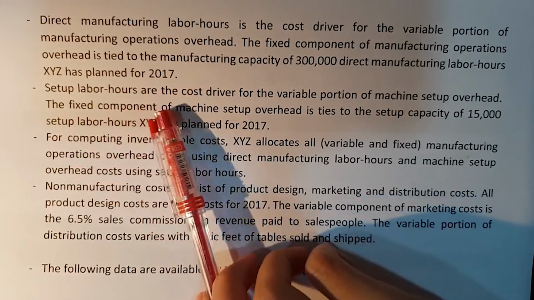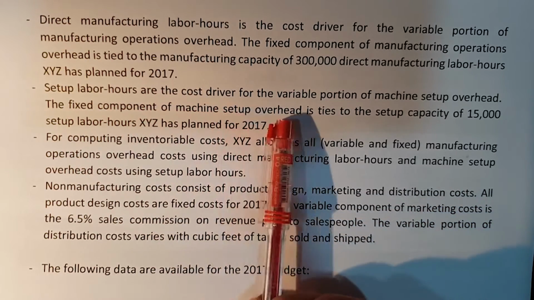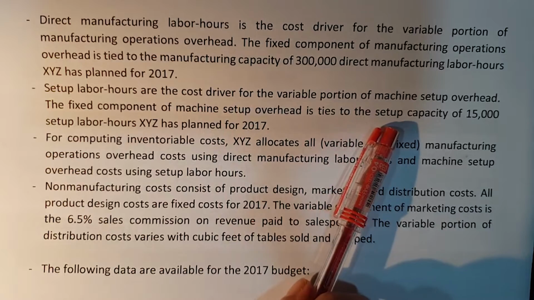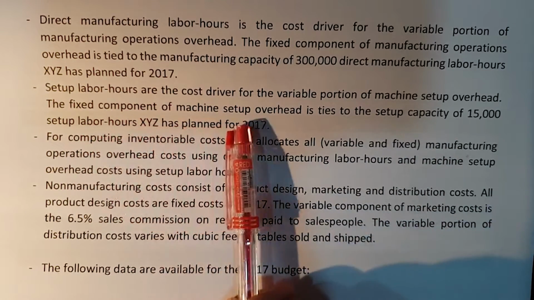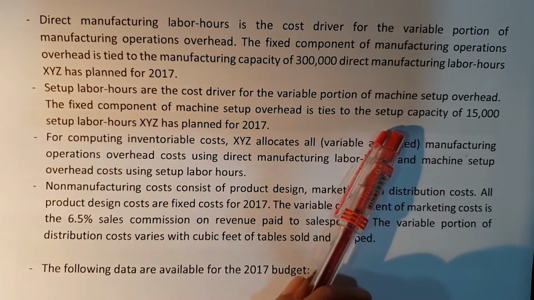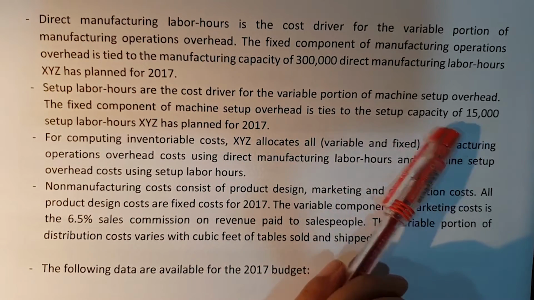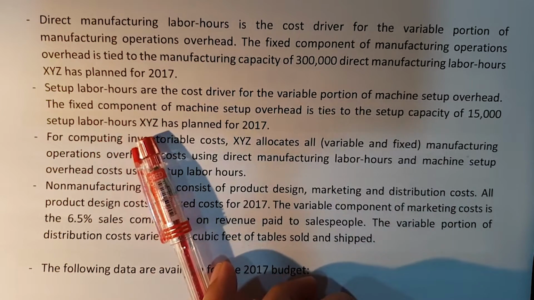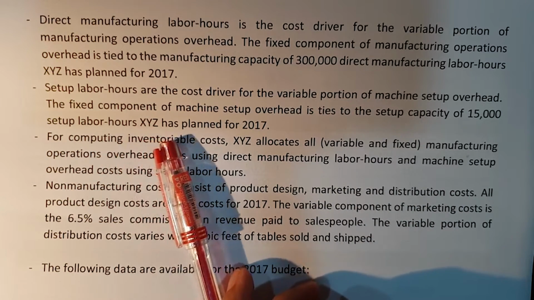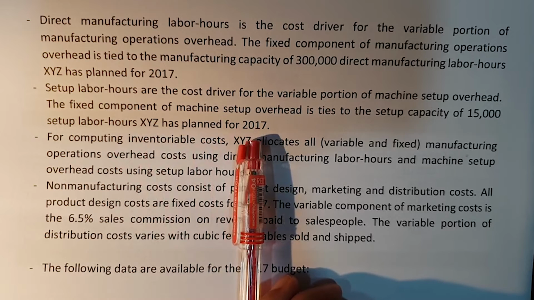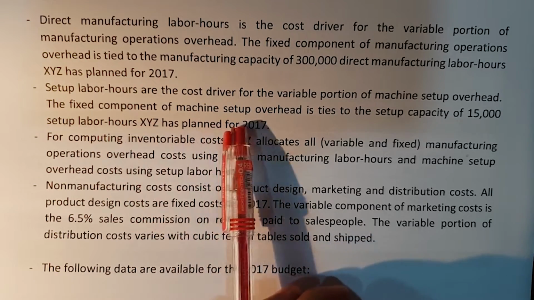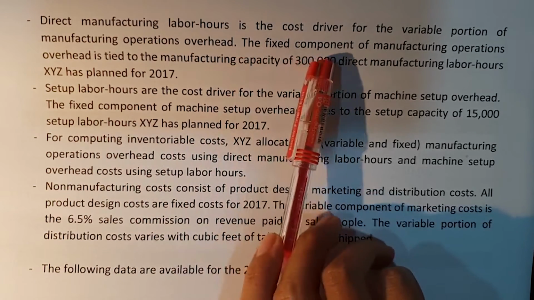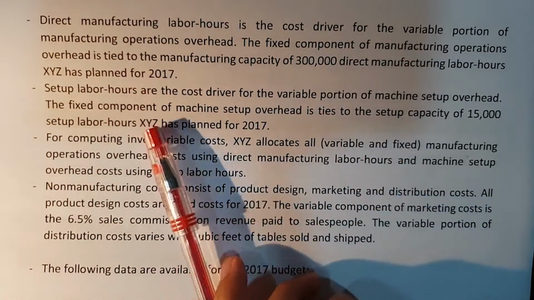Setup labor hours are the cost driver for the variable portion of machine setup overhead. The fixed component of machine setup overhead is tied to the setup capacity of 15,000 setup labor hours that XYZ has planned for 2017. So this is basically information related to the fixed component of machine setup overhead and the fixed component of manufacturing operations overhead.